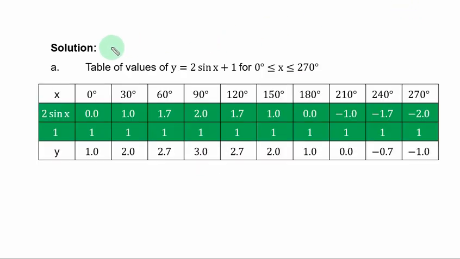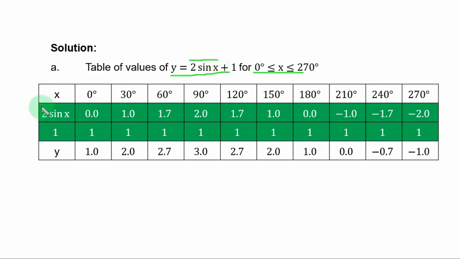Solution. A part of the question is to get the complete table of values for y equal to 2 sine s plus 1 for the range of values of s. Already s values are known. To get y value, you need to compute 2 sine s, add it to 1, and you get y.